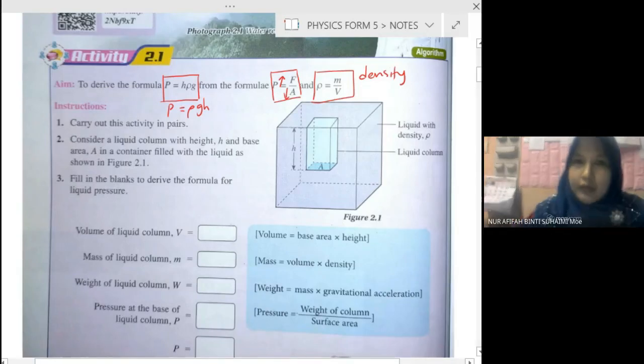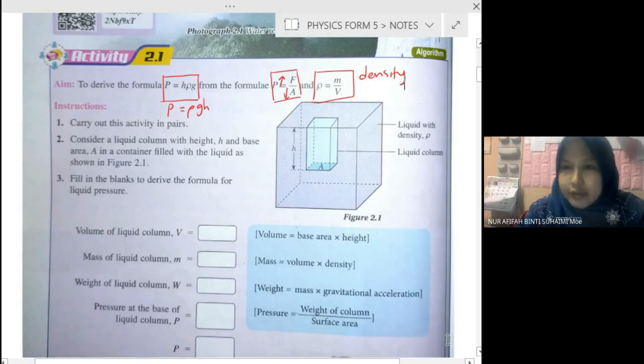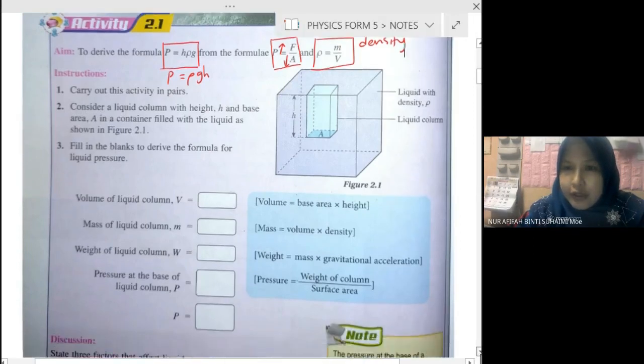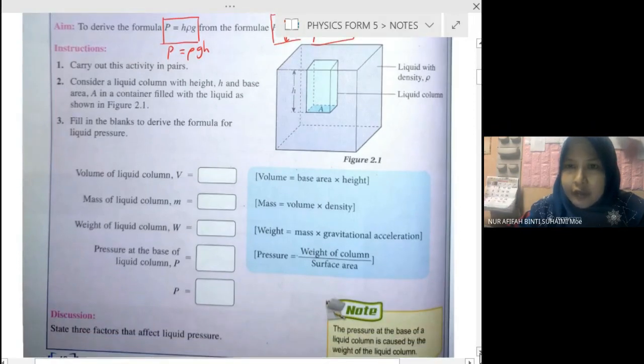Now how to derive this formula, pressure in liquid, from the formulas that you have learned before, P equal to F over A and density. Dia revise balik apa yang dah belajar. Volume equal to area times height. Mass equal to volume times density.